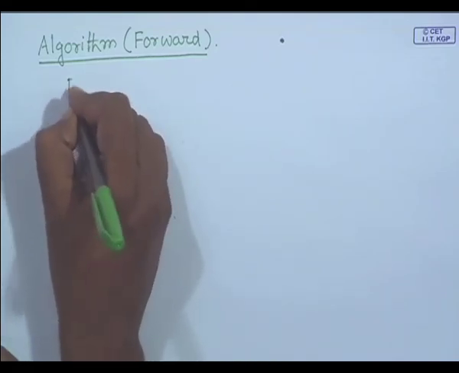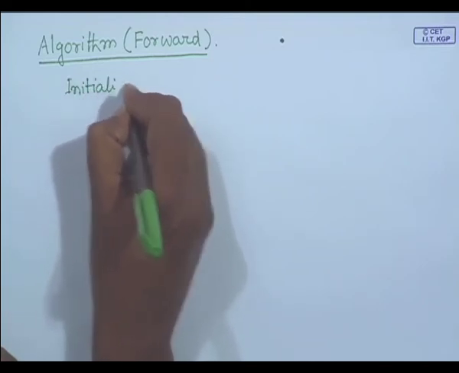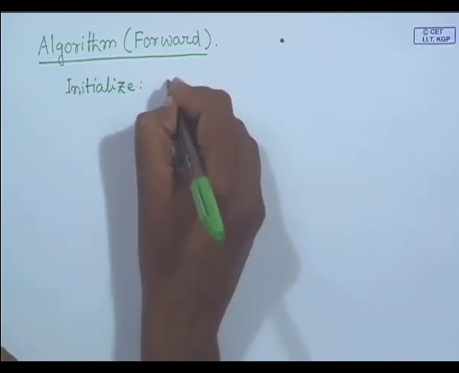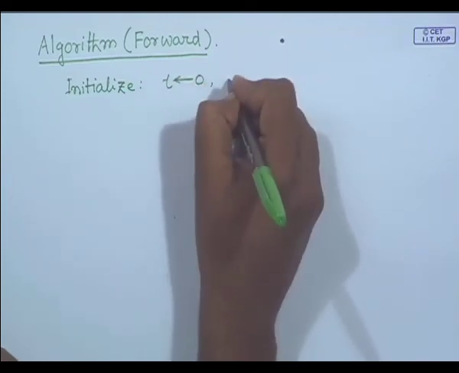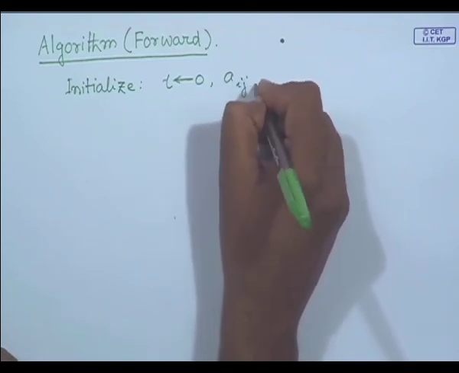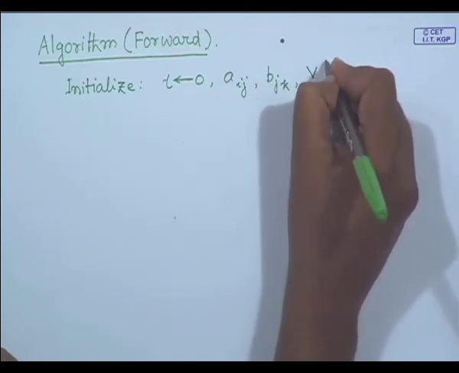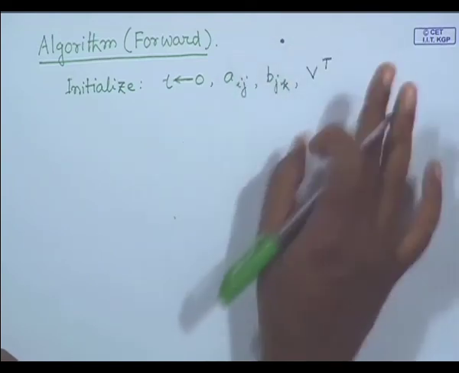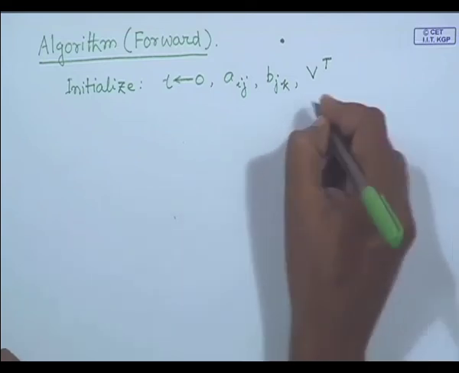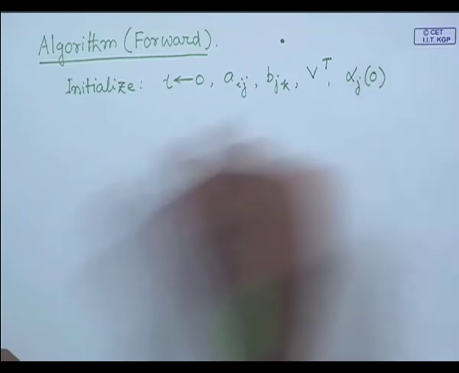Obviously, the first step is initialization. I have to set time step t equal to 0. I have to know a i j, b j k, and v t, because this is the sequence for which I am trying to find the probability, and I have to initialize alpha j 0.